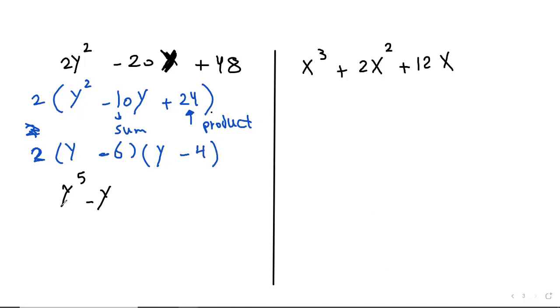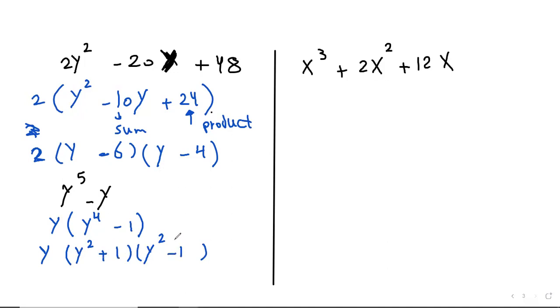That's it. Here in this example, y to the power of 5 minus y, so we can take y as a factor. You are left with y to the power of 4 minus 1. Then it's factorizing the difference between two squares, y to the power of 4 minus 1. So take the square root: y to the power of 2 here and here, and minus 1, right, plus 1 and minus 1.